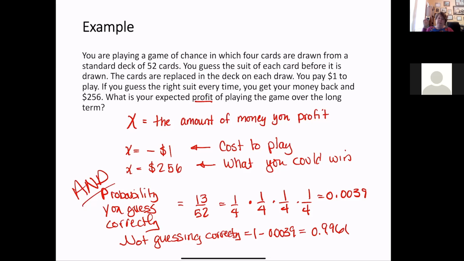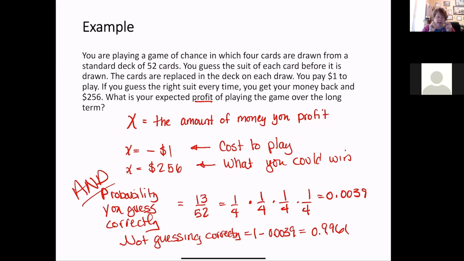You take the value that your random variable can take on, and you multiply it times the probability that it takes on that value, and you add them together. So the probability of you losing a buck is 0.9961. The probability of you winning $256 is 0.0039.